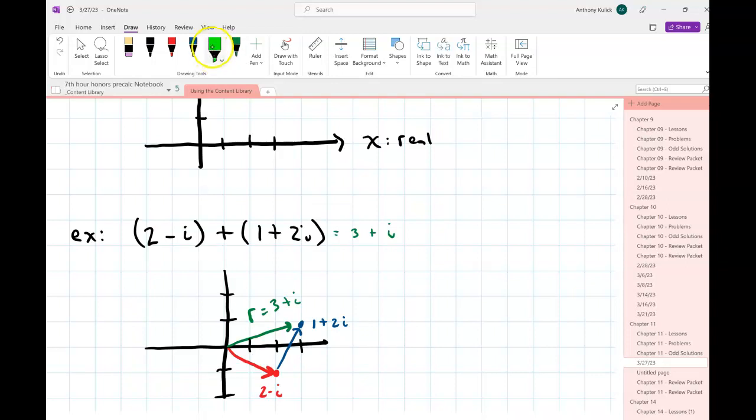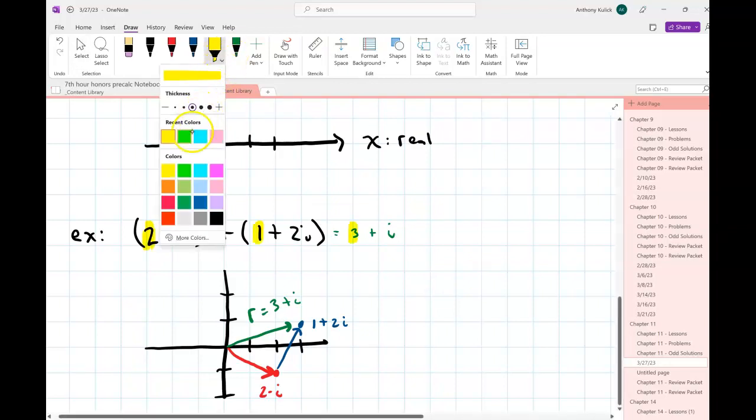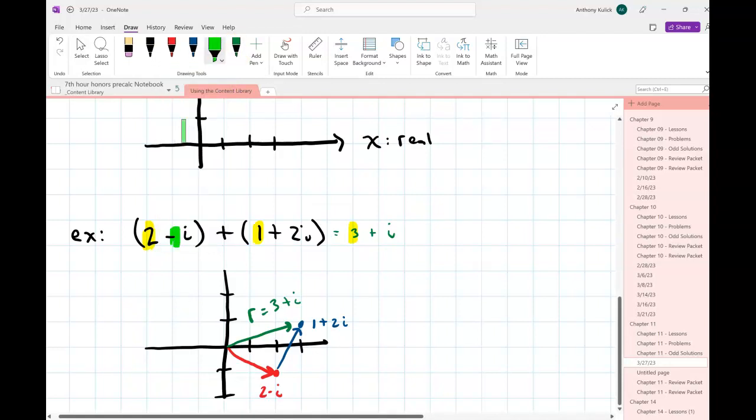But that seems like a convoluted way of doing that graphically, right? What did we really just do? We added the real parts, and then added the imaginary parts. And that's all there really is to it.